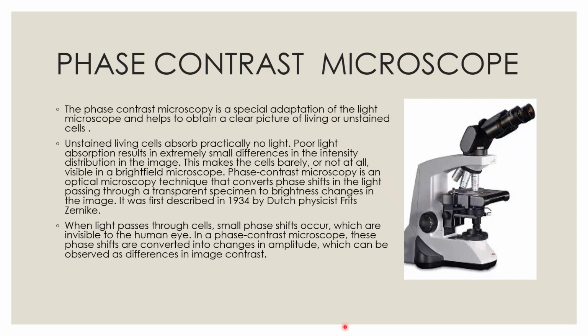That is, we use two extra components over here. One is the annular ring, just as in the dark field microscope. Apart from that, we have a phase plate in the objective lens. These two components are the ones which create the phase shifts and provide you the image. We'll study them in detail.